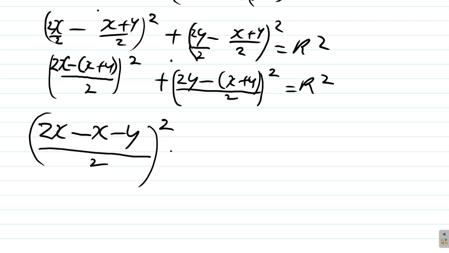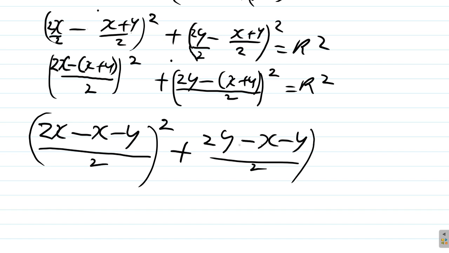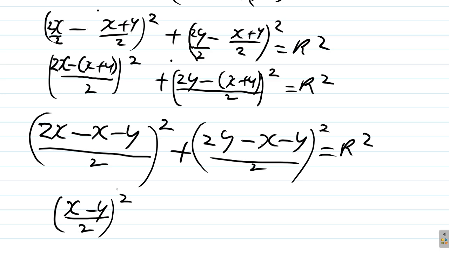Plus, I open the bracket here. So we have 2y minus x minus y over 2 squared equals r squared. So this simplifies now to 2x minus x is what? X minus y over 2 squared. Simplifies nicely. Luckily we didn't multiply out the brackets up here because that would be quite messy.